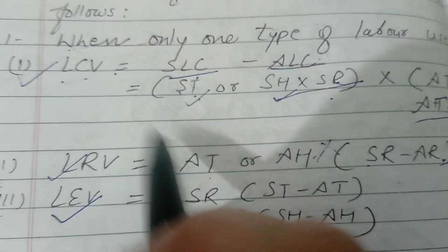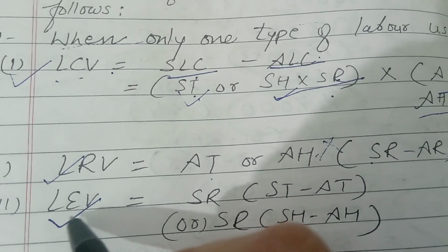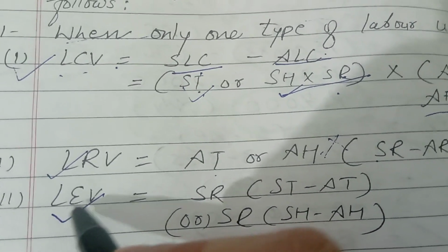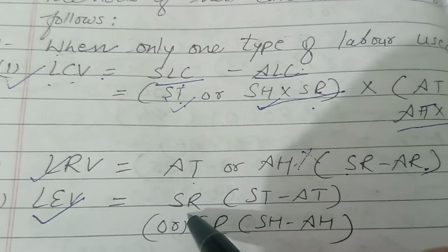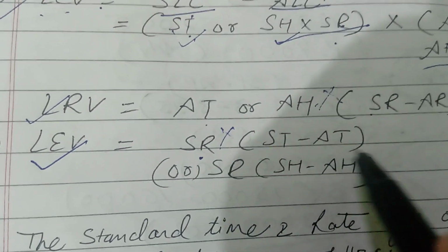When only one type of labor has been used and we have to calculate the labor efficiency variance, LEV, we take standard rate into standard time minus actual time, or standard rate into standard hours minus actual hours.